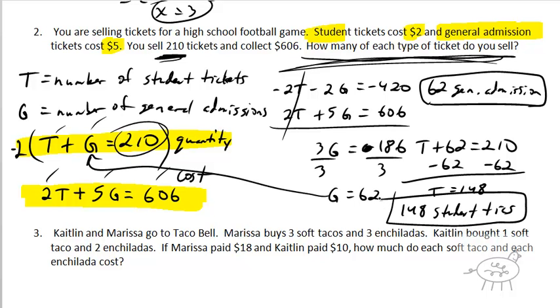Okay, again, if I add those up together, I get 210. And if I multiply, I'm just going to do this in my calculator, 62 general admission times $5, plus 148 students times $2. And I should get 606, and I do. So it is 606. So again, it's a good way to check your work. Okay?